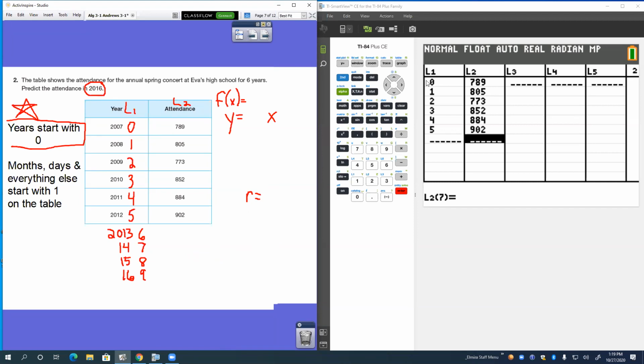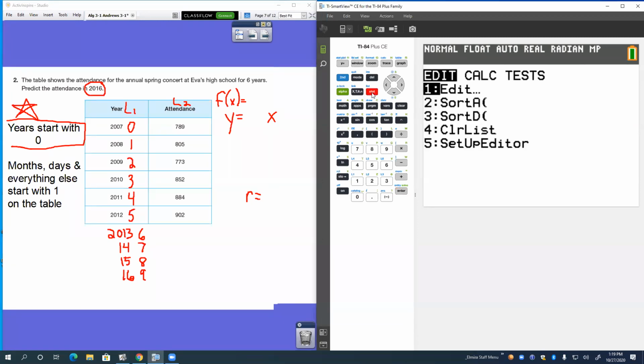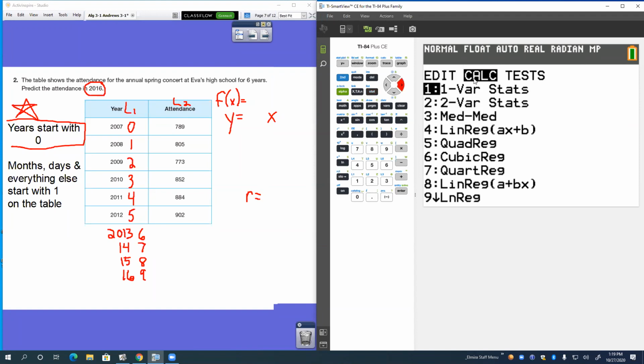So the way that we're going to do this, now that you have your stuff typed into your L1 and L2, we need to go back to the stat button. And now we're going to run our calculation. So we're going to do stat and then calc. So once you hit stat, you need to hit the right arrow key, all right, over to calc. We want to do number 4, which is the linear regression. So we need to tab down to number 4 and hit enter.